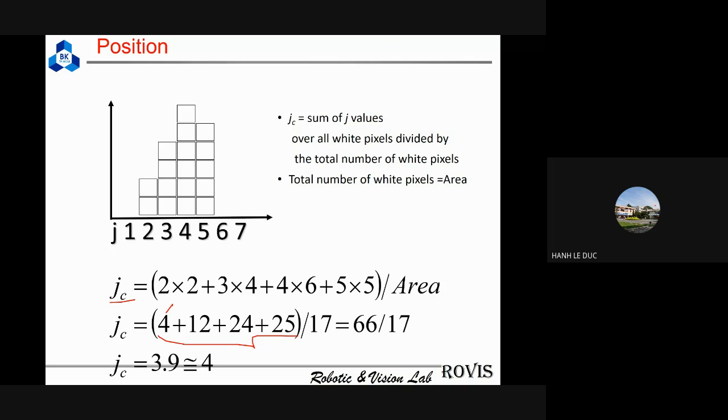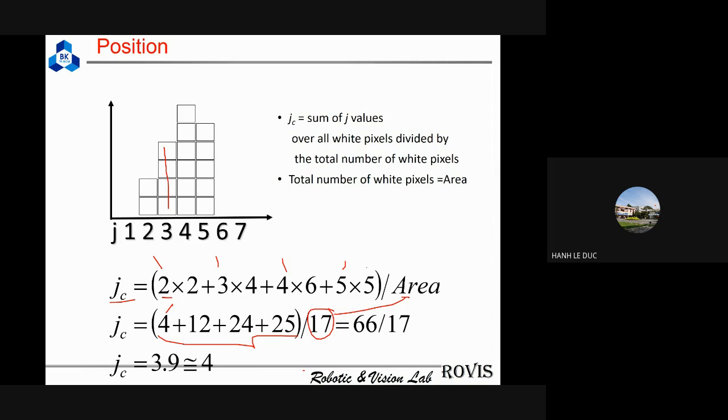Then we have the index 2, 3, 4, 5, and just multiply the numbers here. After that, what is M00?